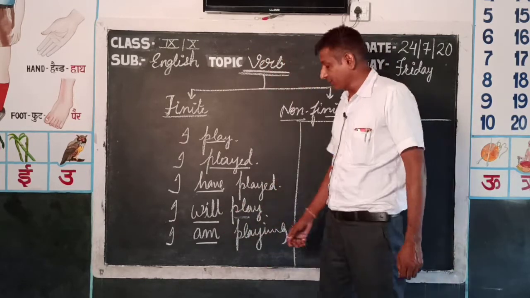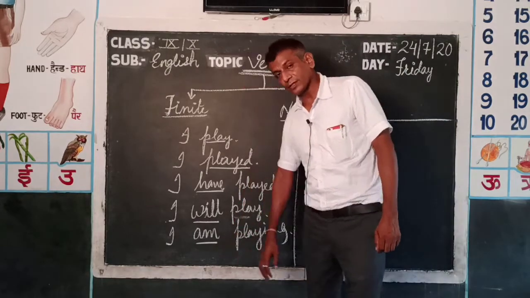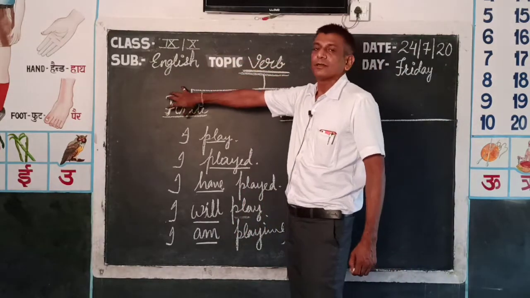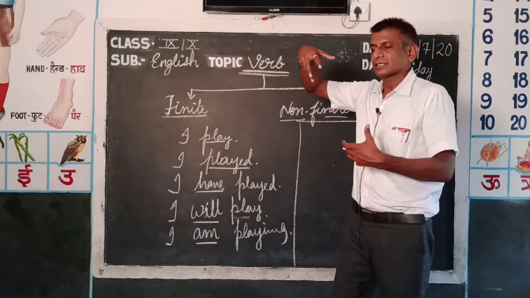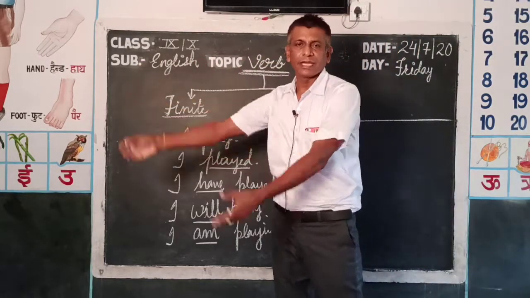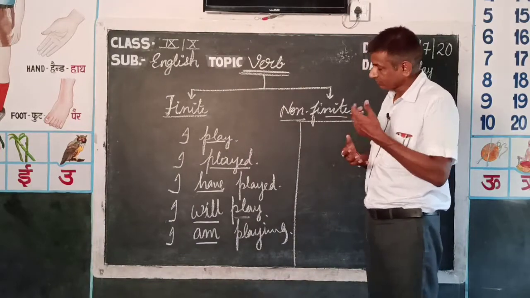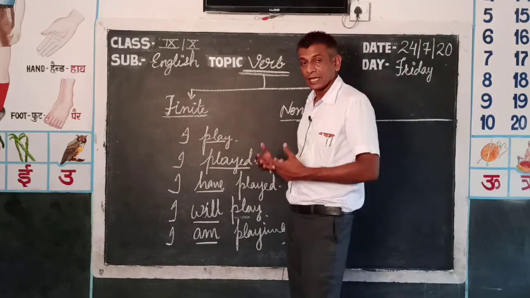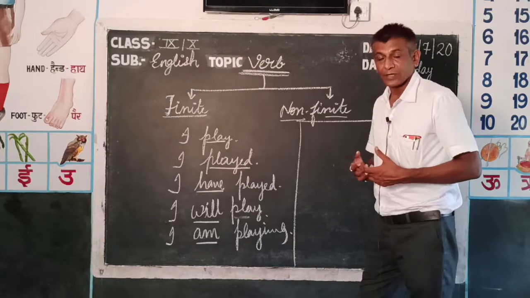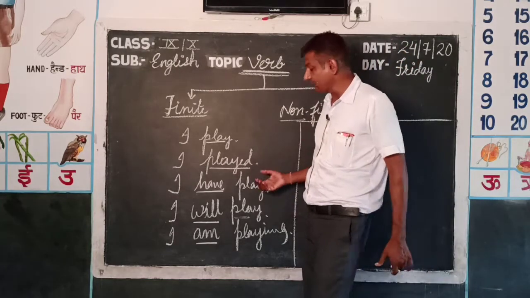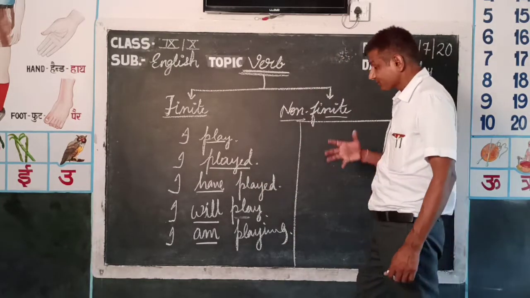Will is also a helping verb. Am is also a helping verb. So a finite verb sometimes helps to make the sentence, and non-finite verbs are used according to the helping verb and according to the tense or time of the sentence.